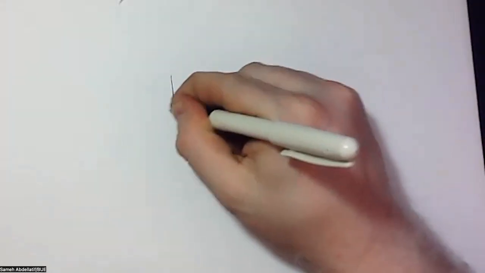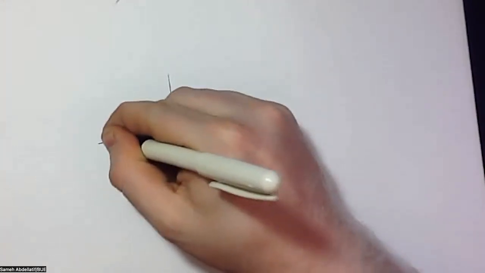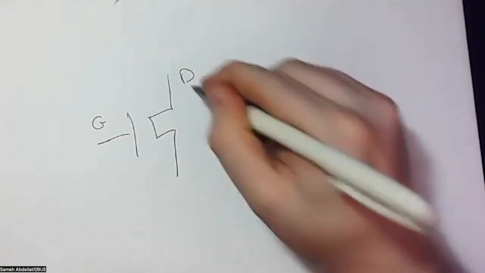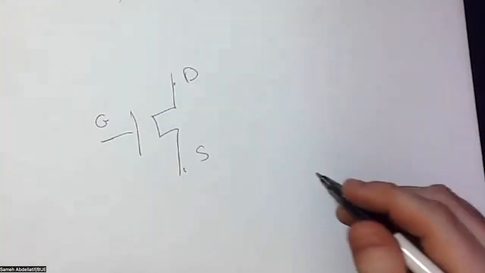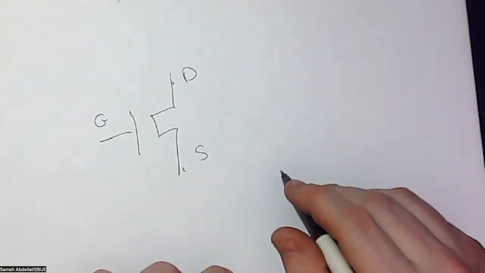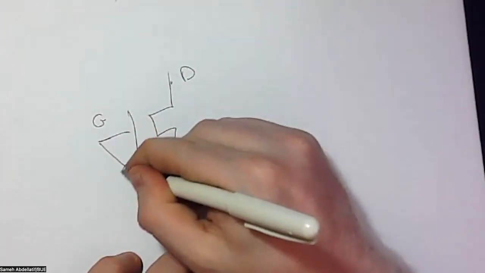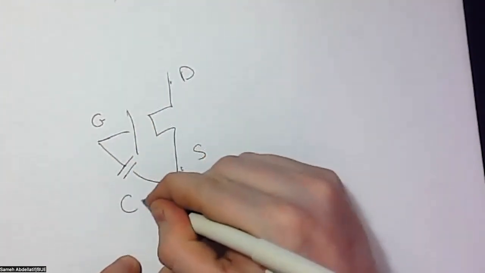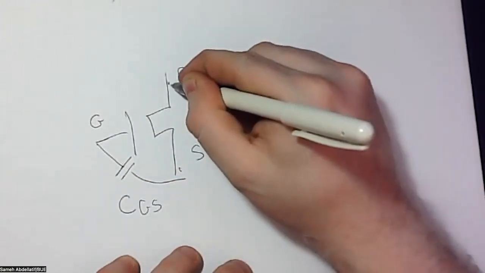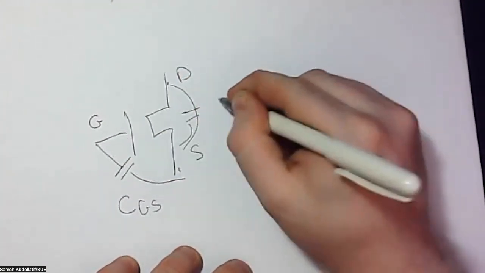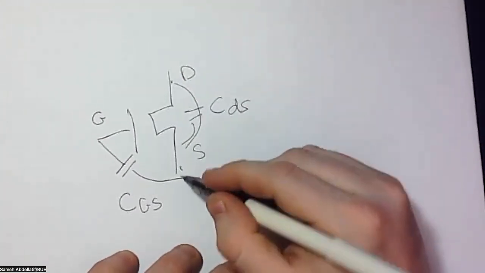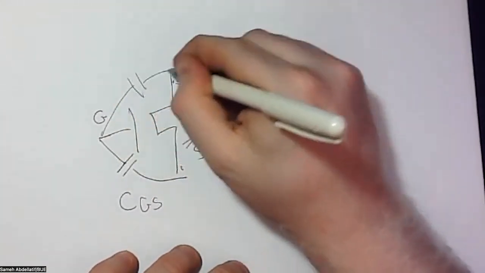Okay. So generally speaking, we have already discussed that a three-terminal transistor, where this is the gate, this is the drain, and this is the source, can have three different types of capacitance: the CGS, the CDS, and the CGD.